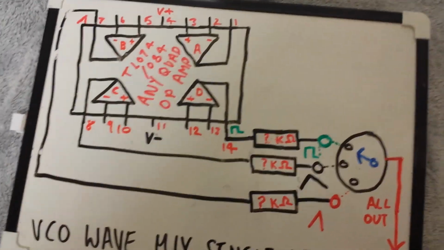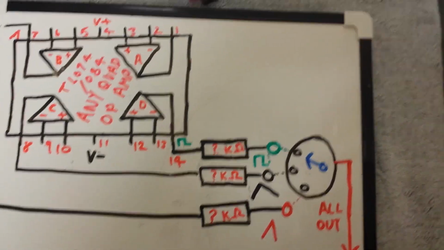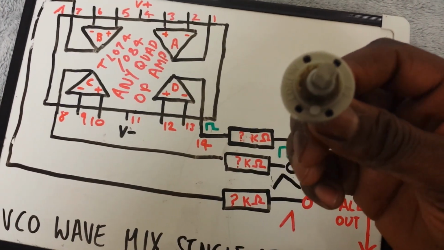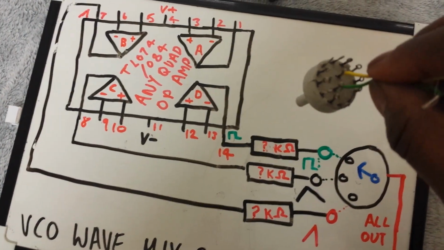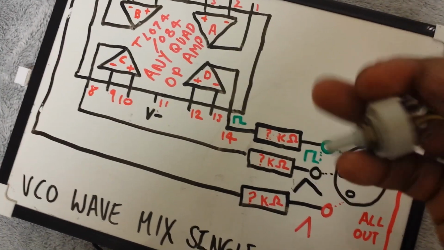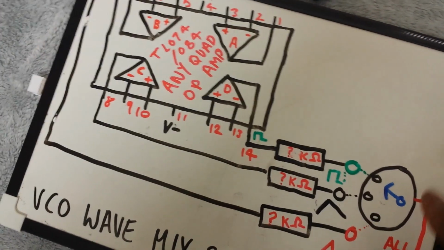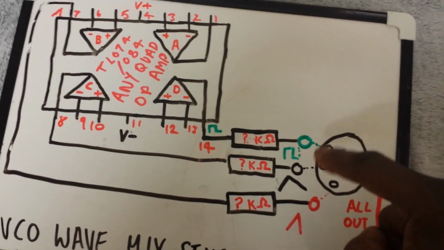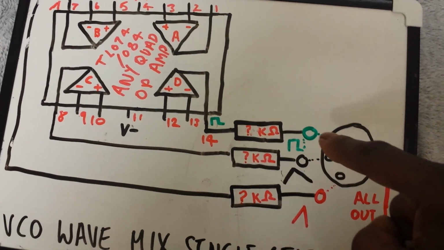Here we have option B, pretty much the same thing. Now what we can do here is use one of these, a multi-way rotary switch. I think we can go up to about 12 different positions. This is our switching position, so we bring our outputs to a common output.